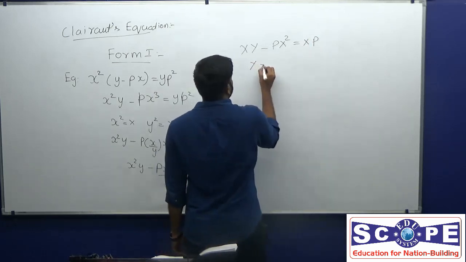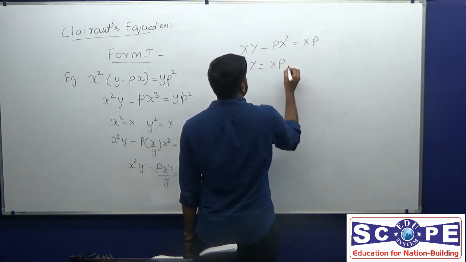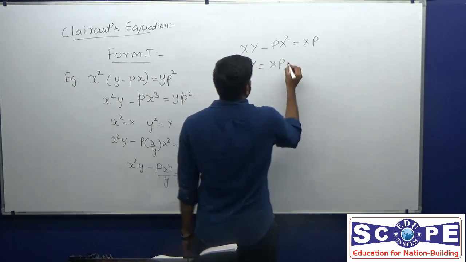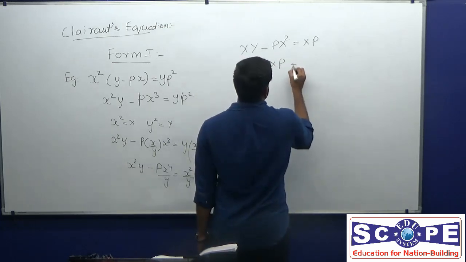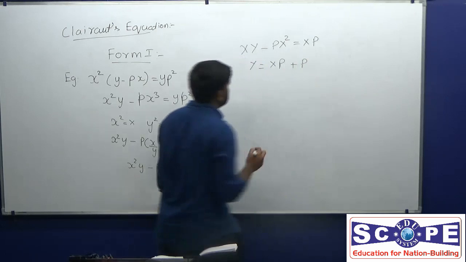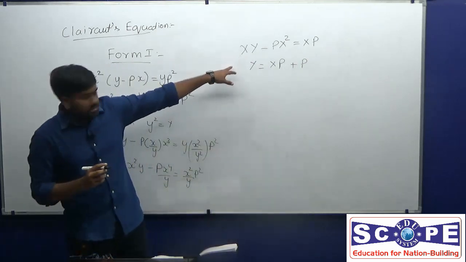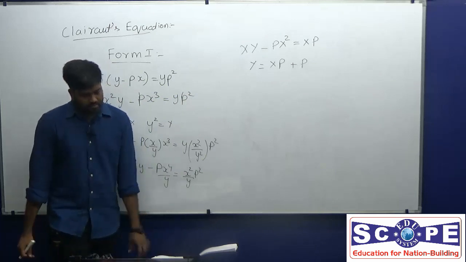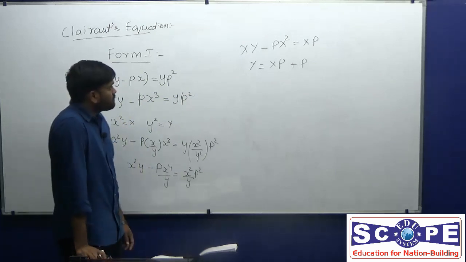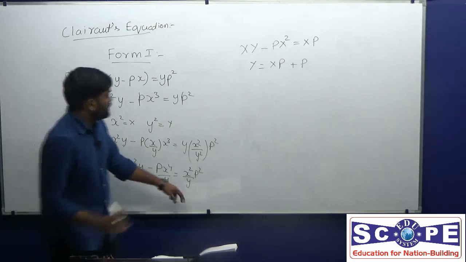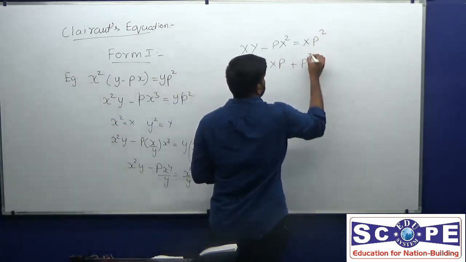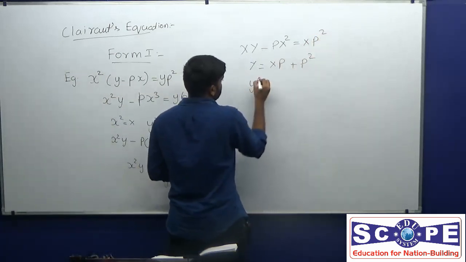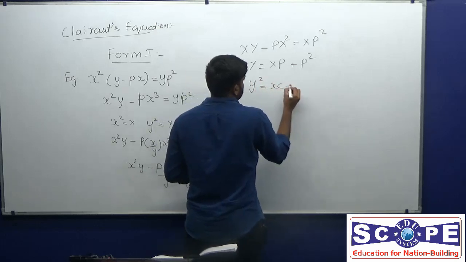So that is simply y equal to xp plus p. Am I right? I cancel the x term. So y equal to xp plus p. I think this is xp square. So this is simply y square equals to xc plus c square.